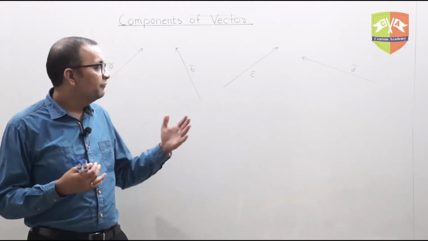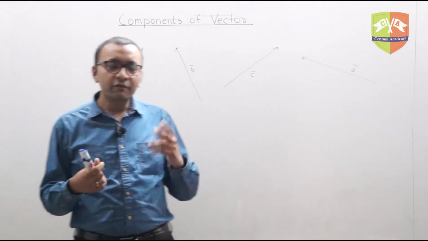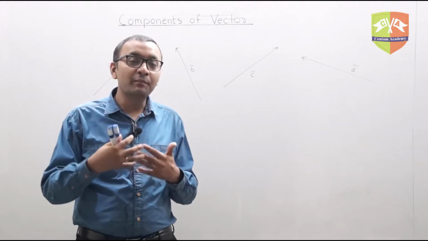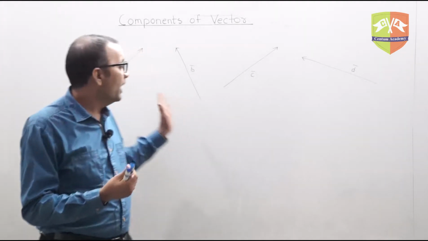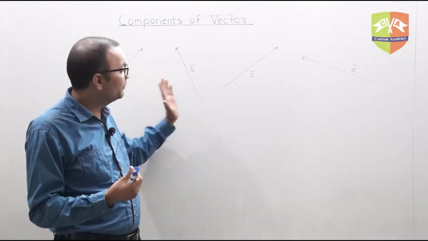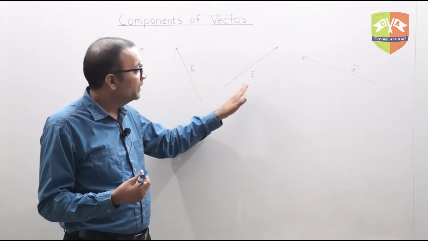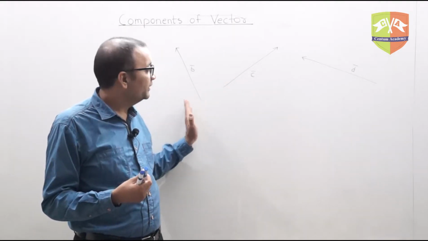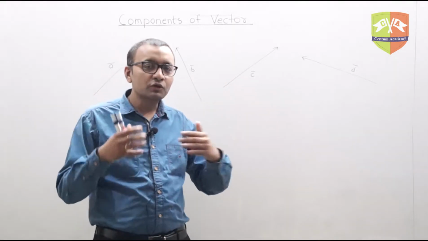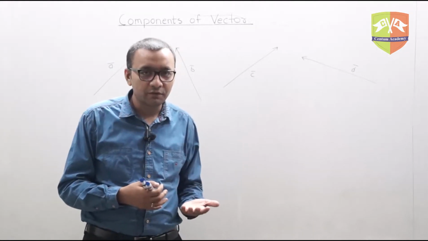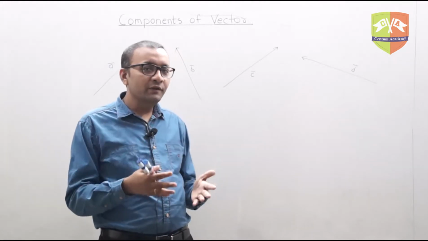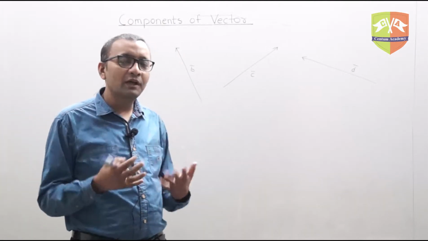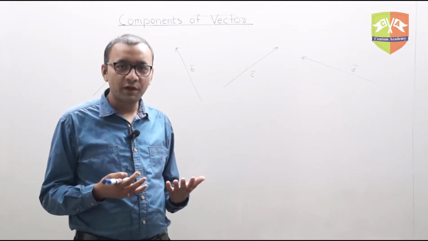If you try to do it geometrically, even a two-vector sum is very tedious, and algebraically also you have to add two vectors, find the third vector, and the angle of that sum vector with the other vector, so it becomes a very tedious process, fine. That is why in this topic we will learn how we deal with multiple vectors at a time, fine.